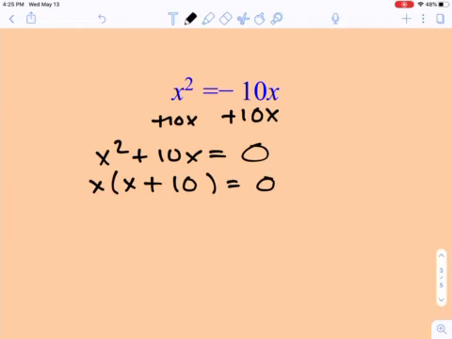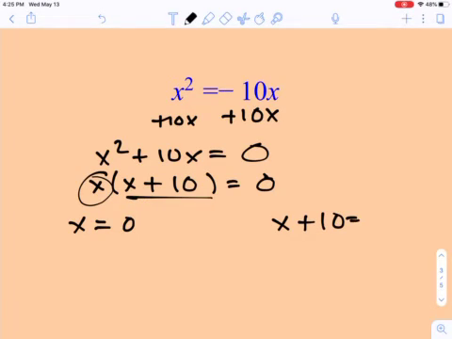And then you've got your two cases now. One case is where you take this and set it equal to 0. So we wrote that down. And the other one where you take this and set it equal to 0. So for this one, there's no solving to do. x equals 0. It's written out. It's all simplified. So that's wonderful. And then on this other problem here, we got x plus 10 equals 0.